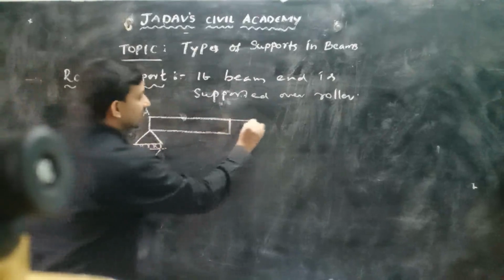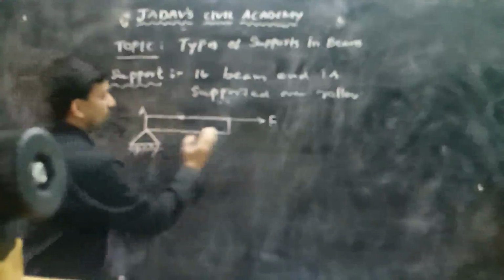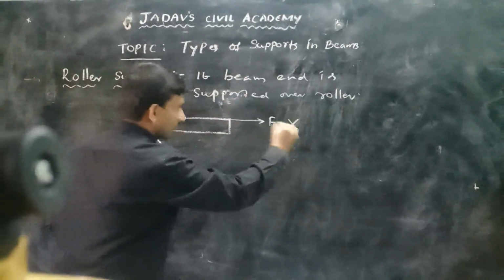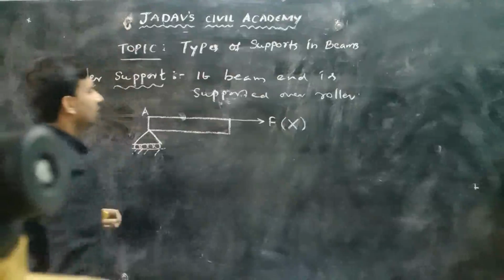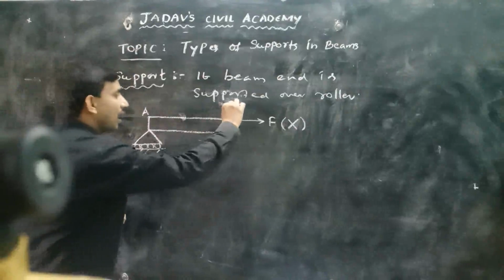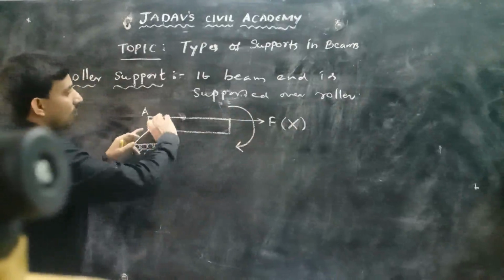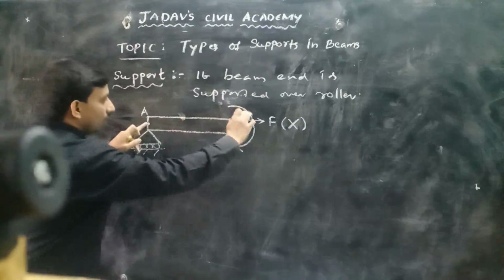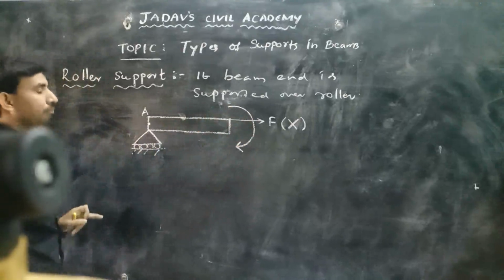If I apply a horizontal force on this, it will roll in the horizontal direction, so there is no restriction of movement in the horizontal direction. If I apply any moment here, it will roll about this point; we have a rotatory motion about this point for this beam.